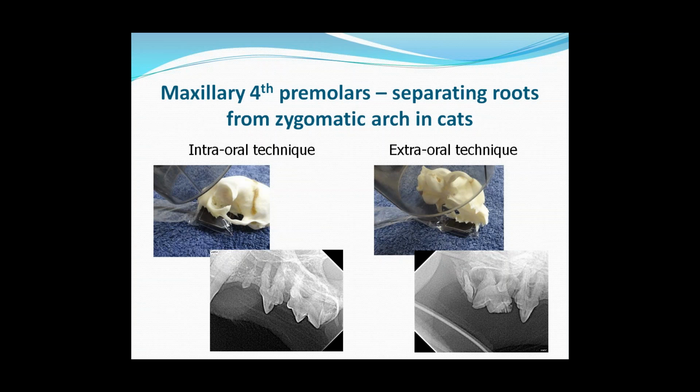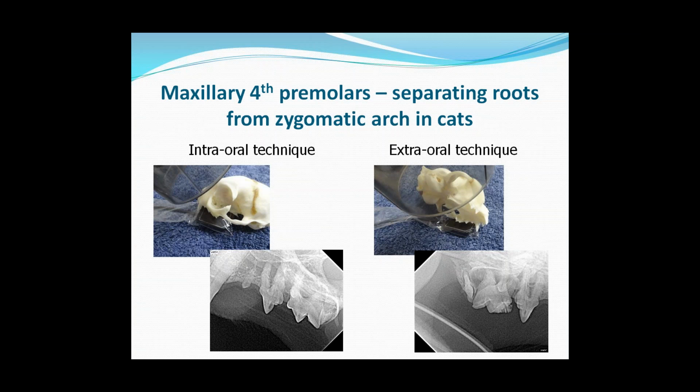On the left-hand side, we've got the intraoral technique, and you can see that the sensor is inside the mouth, and the tube head is positioned rostrally. In that situation, we often end up with a zygomatic arch covering the upper fourth premolar tooth roots, and it's very difficult to visualize the mesial roots.